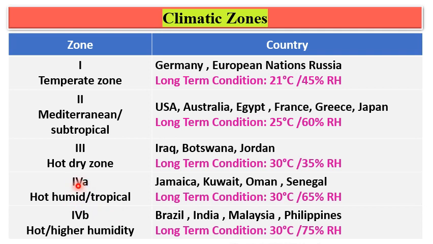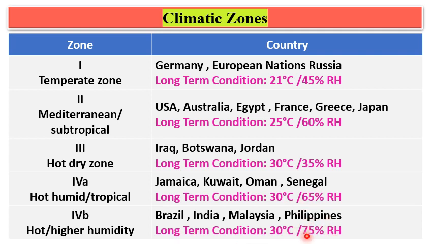Then zone 4 is divided into zone 4A and 4B. A is hot humid, that is the tropical zone. The long term conditions are 30/65. Then coming to zone 4B, this is hot and higher humidity than this one. 30 degrees is there, similar temperature, and the RH is increased from 65 to 75.